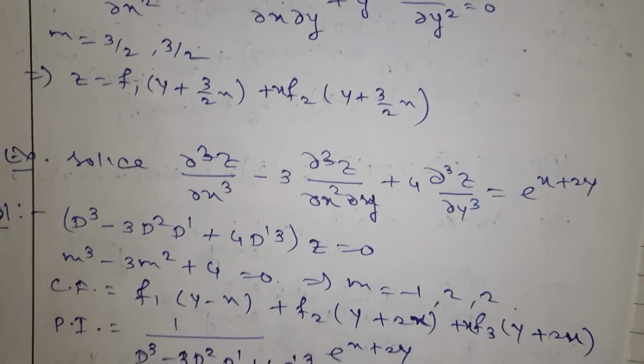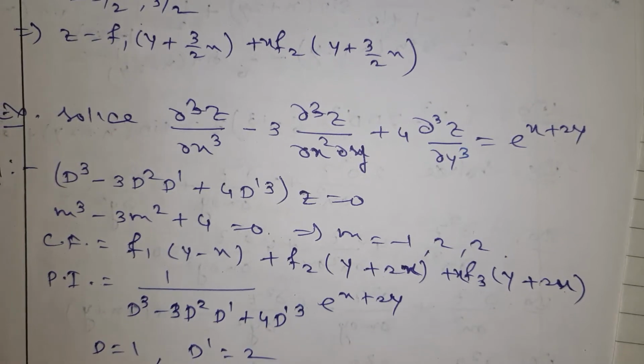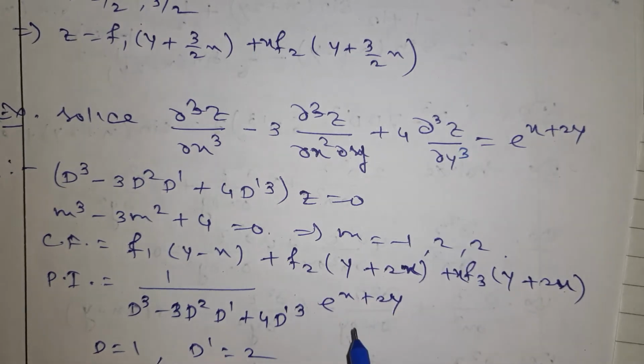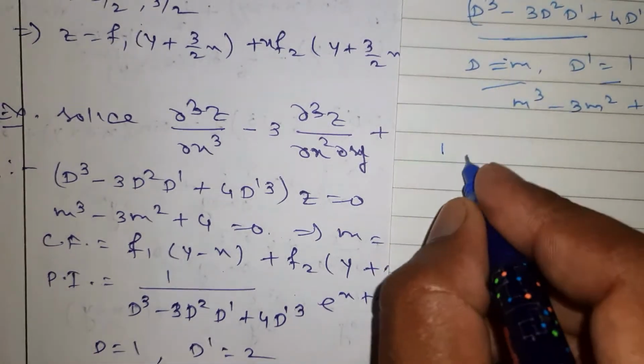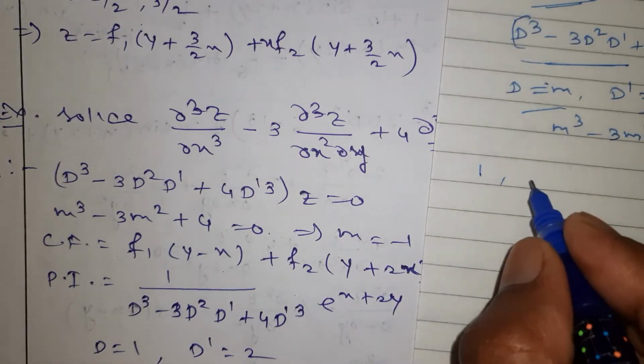Now the PI. For the PI, as usual, we write 1/(D³ − 3D²D' + 4D'³) operating on e^(x+2y). Now see here, what is the coefficient of x? Coefficient of x is 1. And what is the coefficient of y? It is 2.